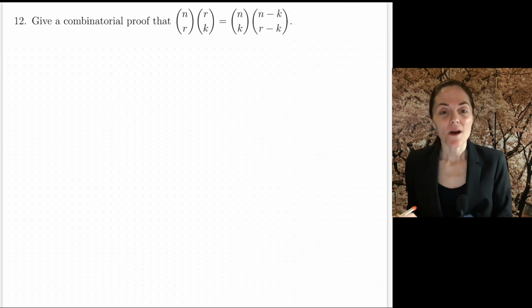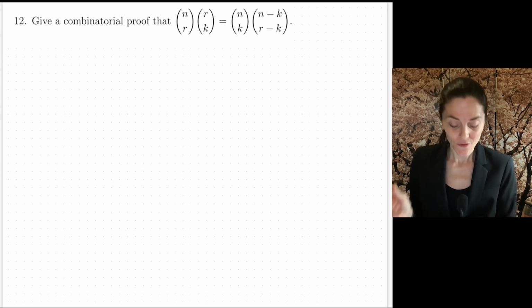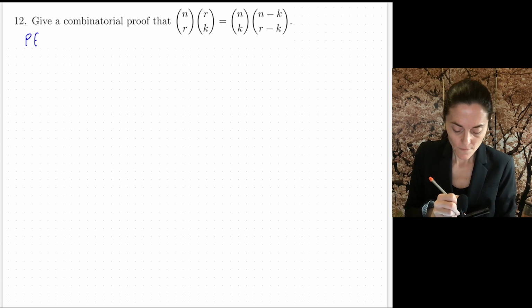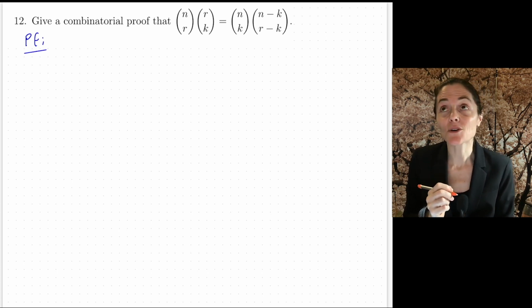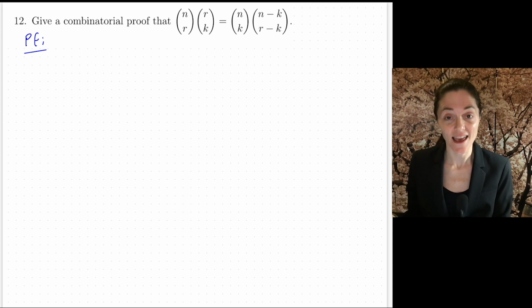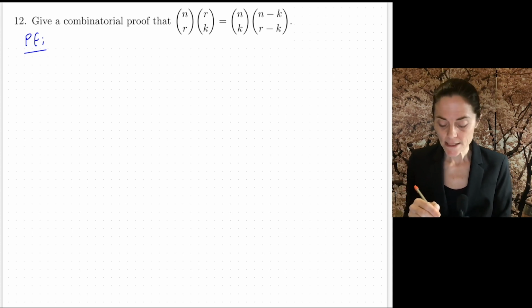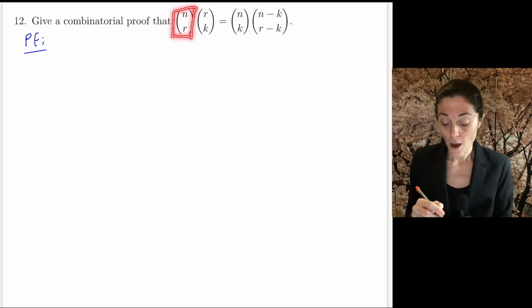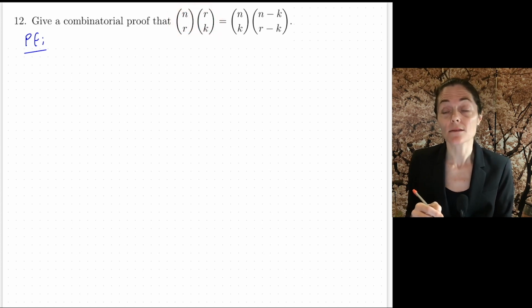We have one more problem, combinatorial proof. I need to create some counting story that both the left-hand side and the right-hand side count. Now, we see a product of 2 binomial coefficients, so you could think subsets and create a story.